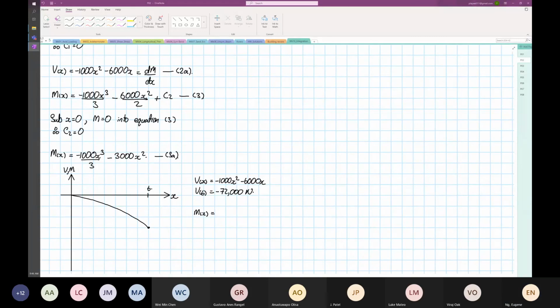Our moment equation is minus 1000 x cubed over 3 minus 3000 x squared. At a distance of 6 meters, 6 to the power 3 times 1000 divided by 3, plus 3000 times 36, is equal to 180,000.